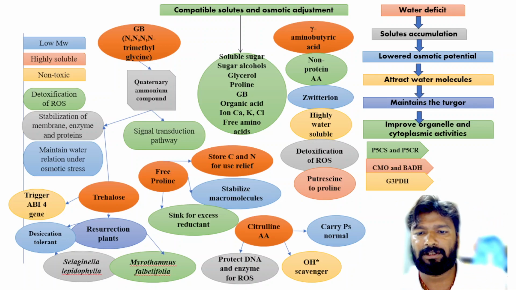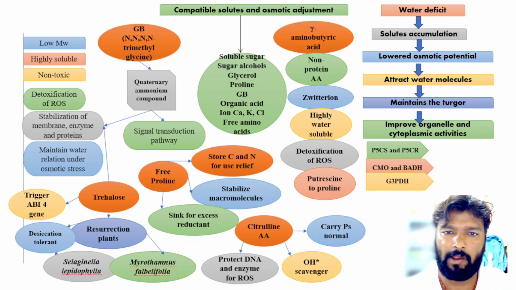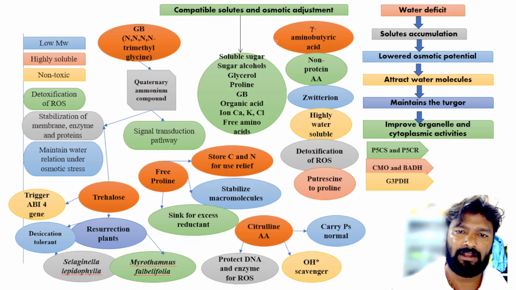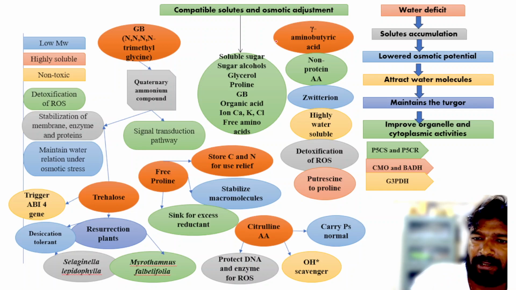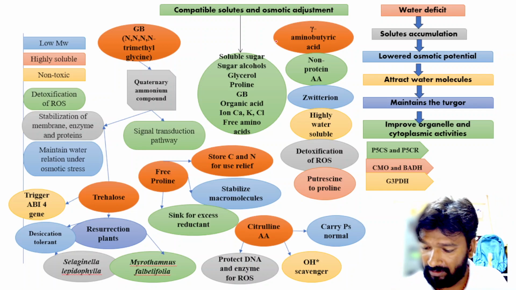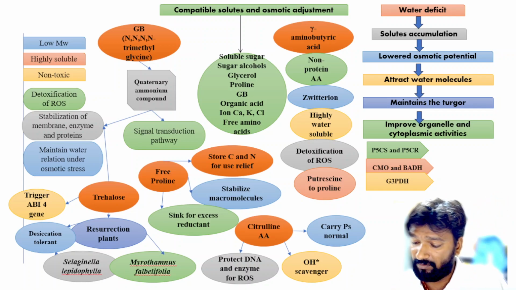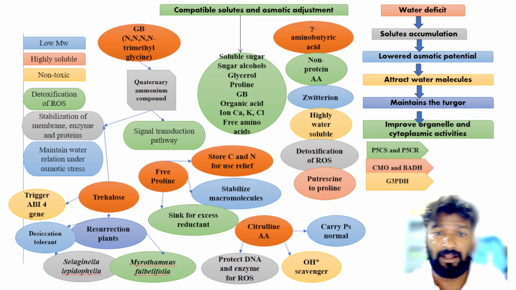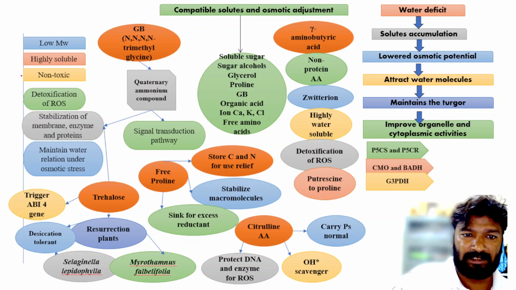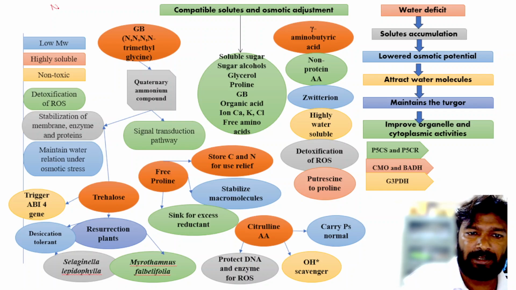This is Rajesh Kumar Singhal, and I am here to present a new lecture on compatible solutes and osmotic adjustment. So, friend, this is also a very important topic, and in the last few lectures, we have discussed the abiotic stresses.